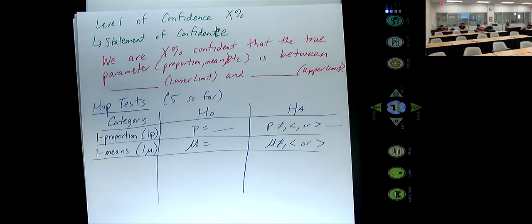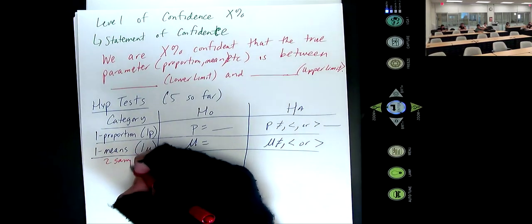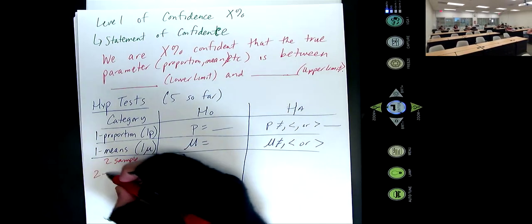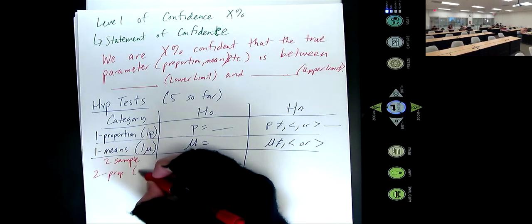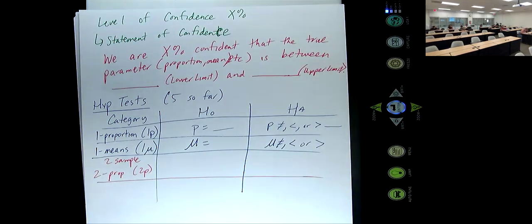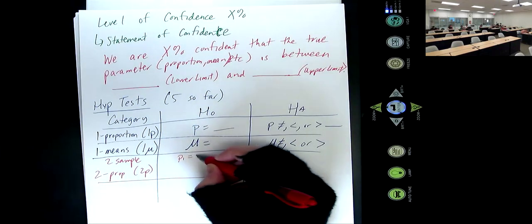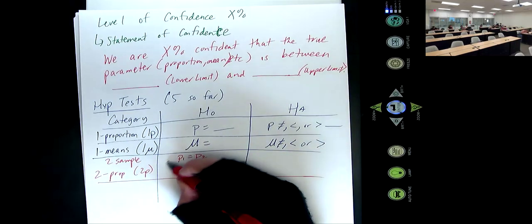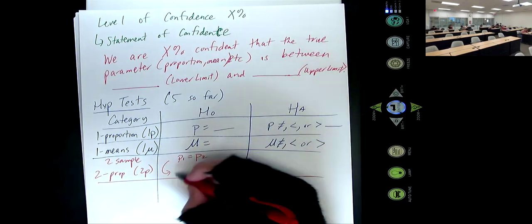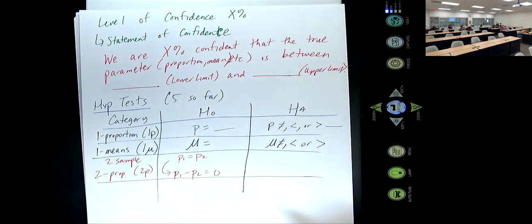Then we had our two sample tests. We had a two proportion test, which I'll call two P. And what goes on in reality is we tend to say P1 equals P2. But in programming it up in StatCrunch, it's P1 minus P2 equals 0.